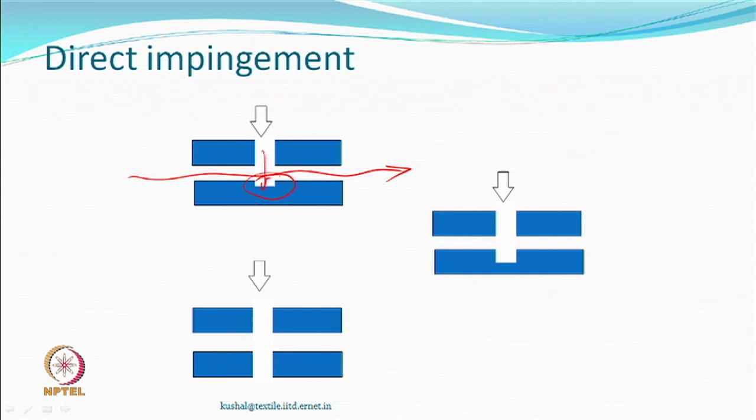The notch could be very small, notch could be larger. So, people want the effect to happen there. In some cases, they had a through and through hole for the air while the yarn is moving like this. All of them would have a different impact on the impingement, but they tried.